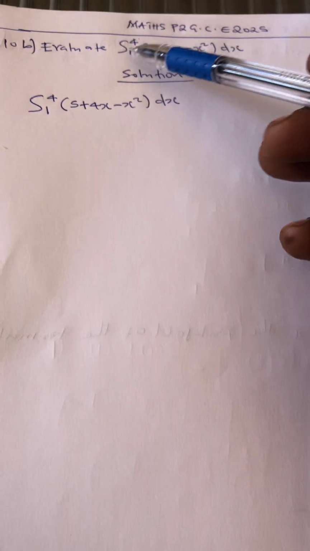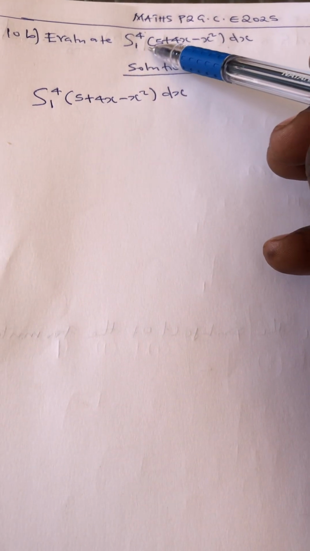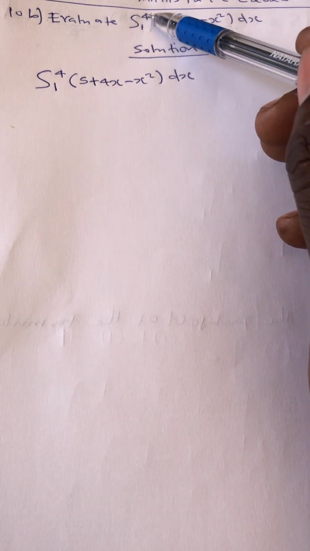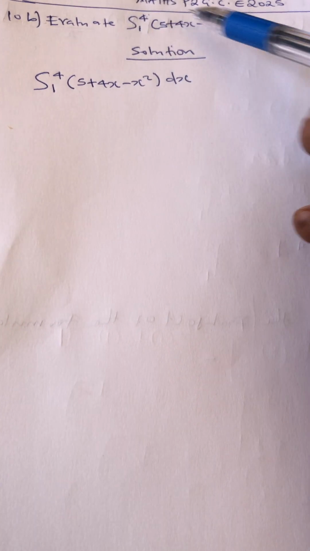When we integrate this, we insert the upper limit first, then we subtract what we get when we insert the value for the lower limit. What we get is our solution.